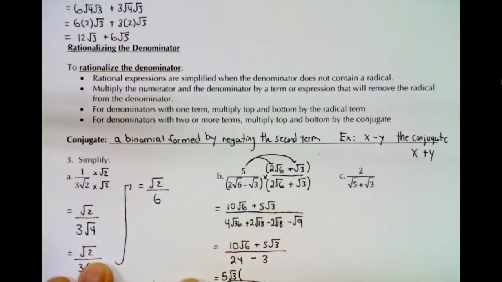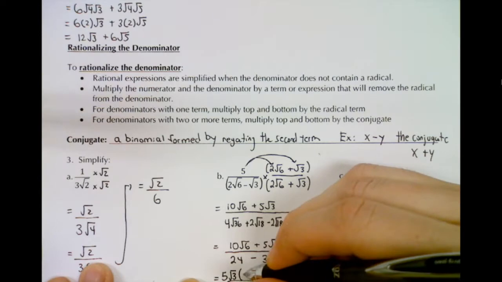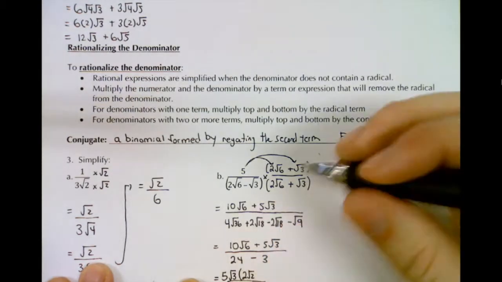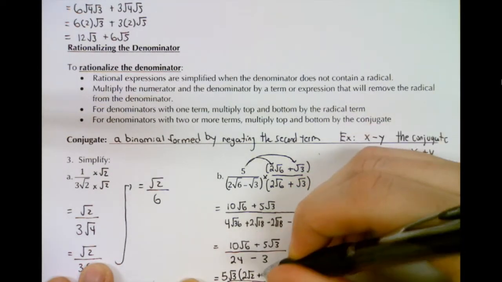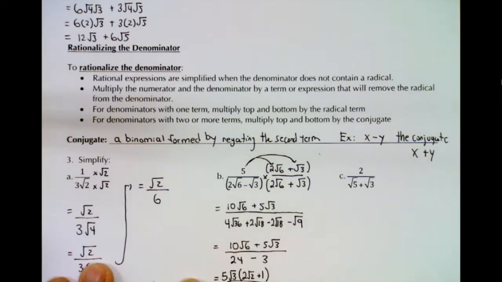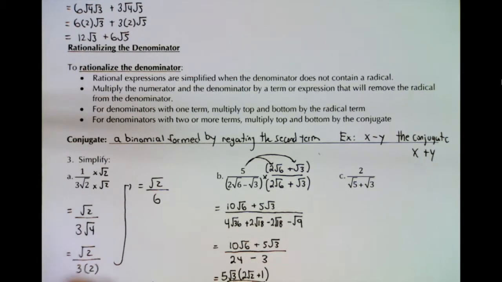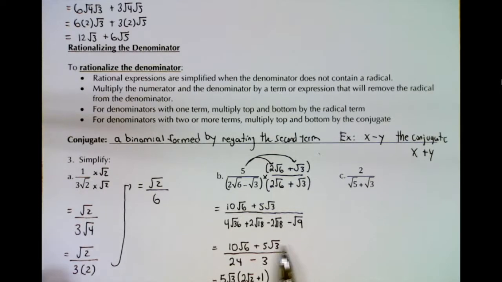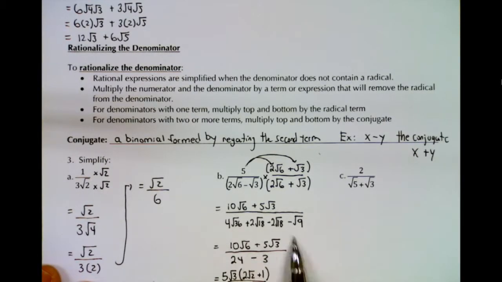And what we're left with inside is 2 root 2 and 1. And now we have a fully factored and simplified expression. Now, factoring here didn't actually give us anything that we could divide away, so the factoring step is not necessary. This could be a final answer for a numerator because we can't simplify any further. Okay? But the denominator, we would have to do the subtraction and get 21.